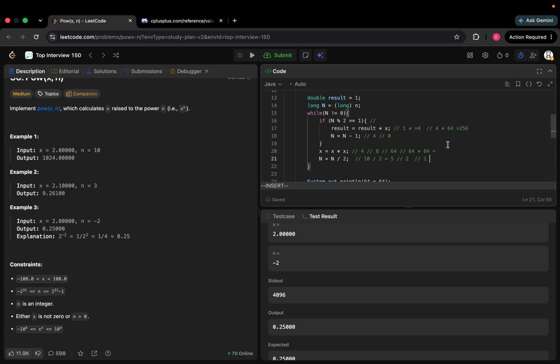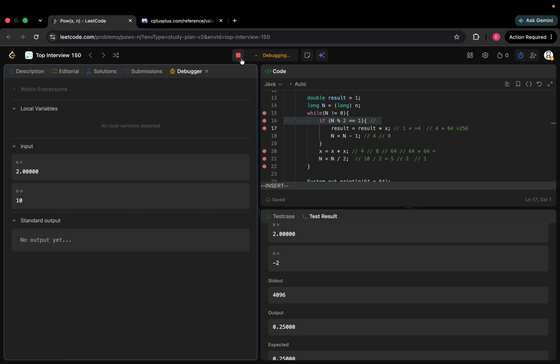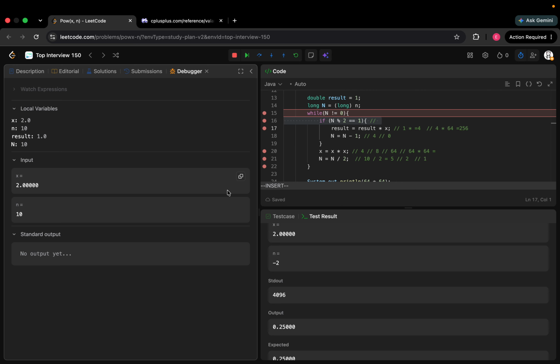Okay, I think we can debug this better. This one changed to 4 and this was 5.